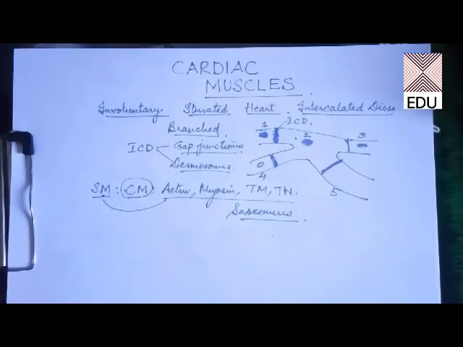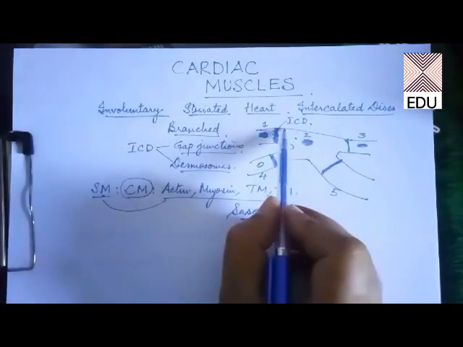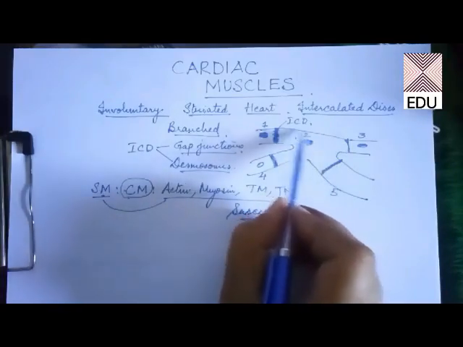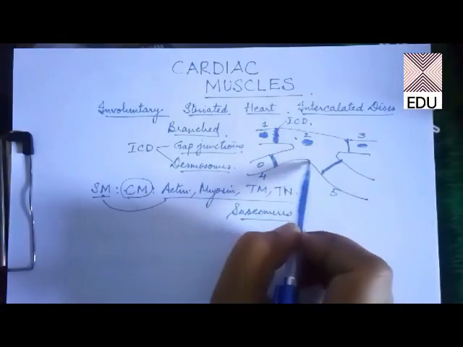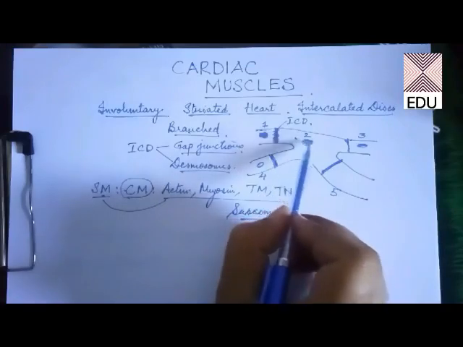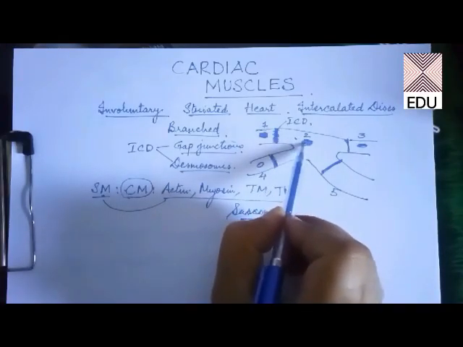Now, taking up the difference, the cardiac muscles, they are shorter than the skeletal muscle fibers in length, and they usually contain only one nucleus, which is located in the central region of the cell. So, as we have already discussed, if number 2 cell is this, then it is containing only one nucleus.